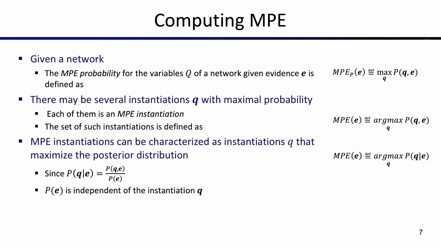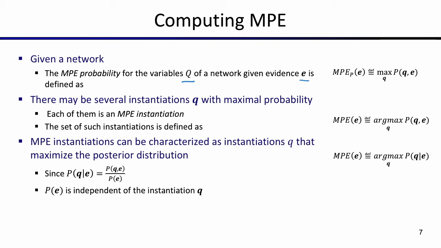Okay, so let's get started by computing the MPE assignments. And in this case, remember that we don't have a hidden variable. So everything that we're going to have are the query variables, the Q, also known as the MAP variables, and also the evidence variables. And these are the 2 sets of variables that we have from the network.